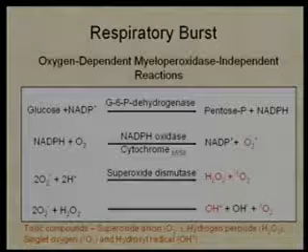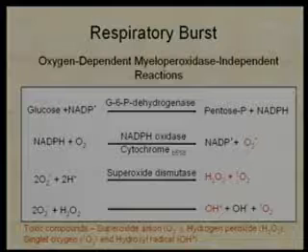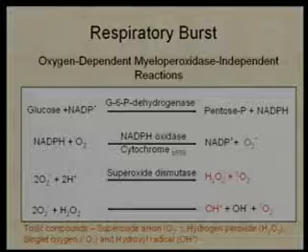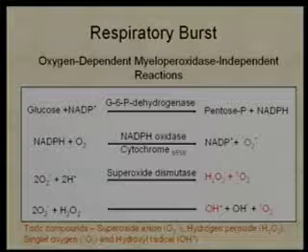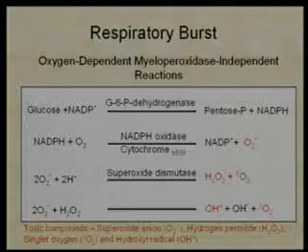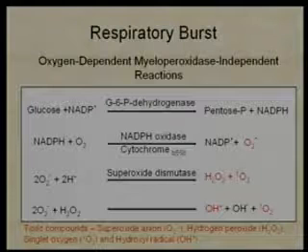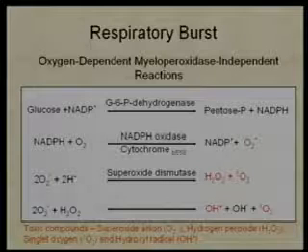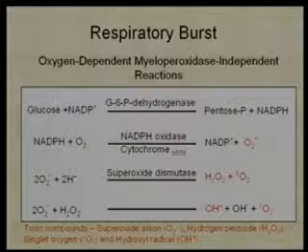So what are those reactions? It starts with glucose and NADP. Remember the hexose monophosphate shunt from your biochemistry? The first step is the conversion of glucose by glucose-6-phosphate dehydrogenase into a pentose phosphate and NADPH. That NADPH becomes the substrate for the following reactions.